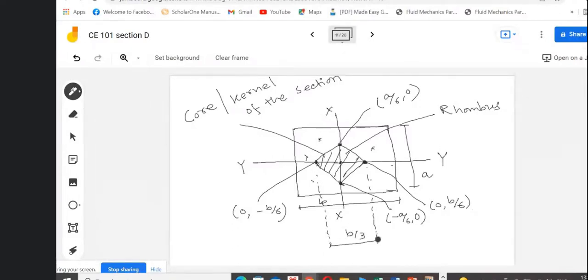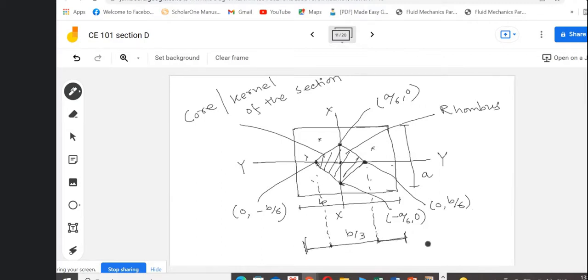Then what will be this amount? 5B/6. Why?